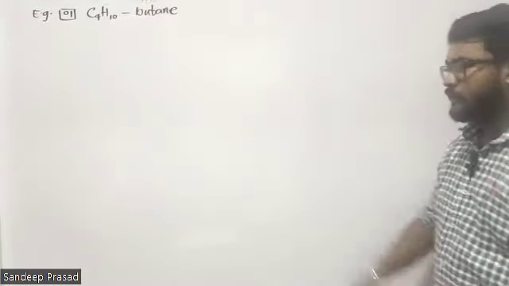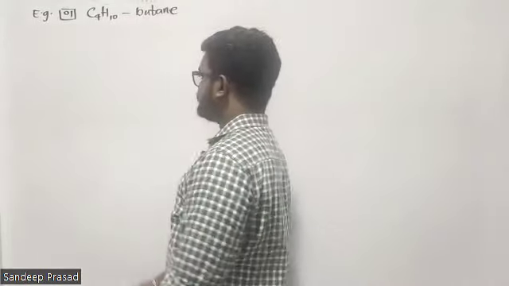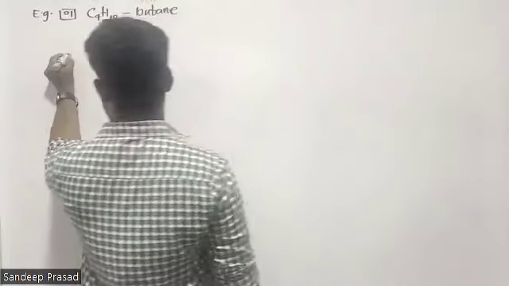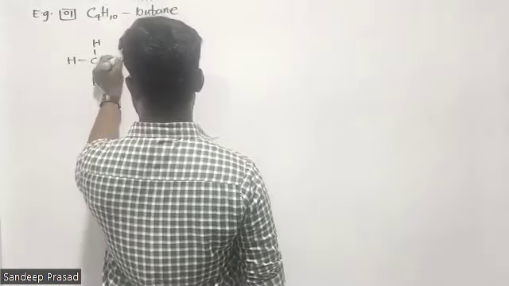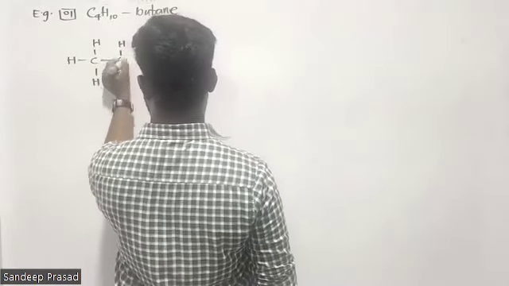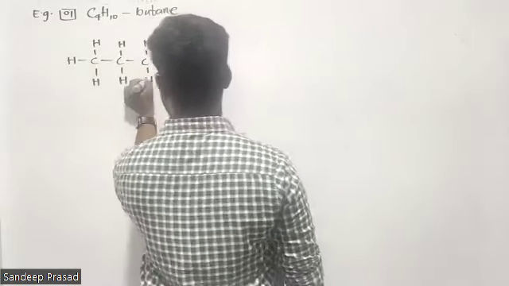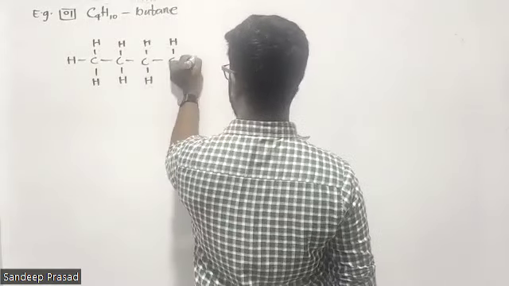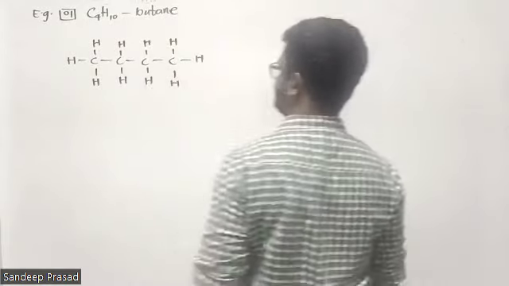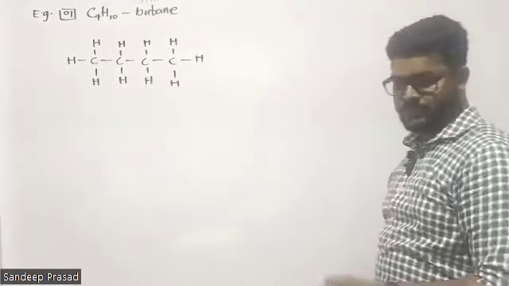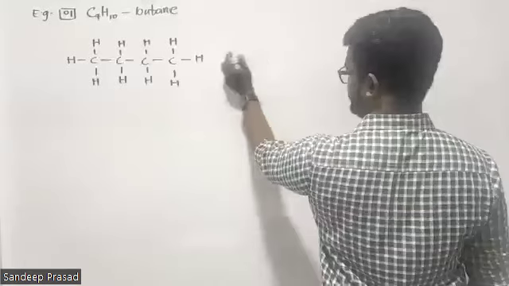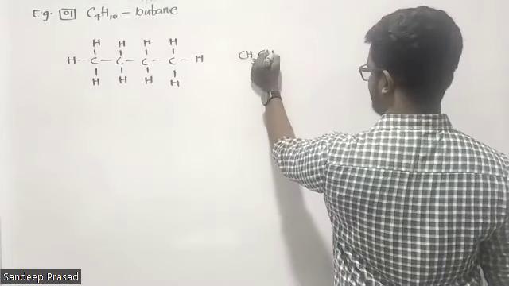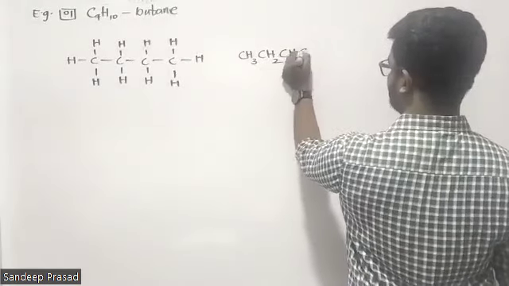Now, as we discussed, this was the structure that we drew for butane. CH3, CH2, CH2, CH3.